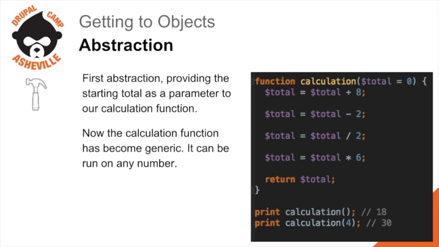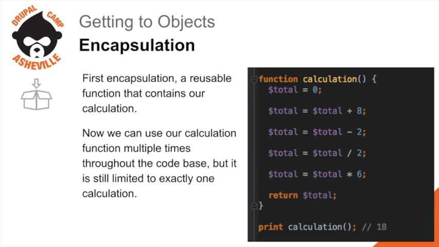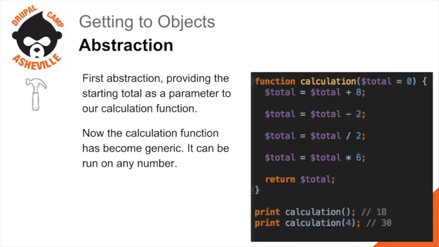So then what I want to do is abstract this a little bit. So before, if you notice, this calculation can only ever produce the number 18. And that's very useful when the result we need is the same all the time. But what would make this function much more usable is if we add an abstraction to it, which is a parameter where we can change the starting number that the business problem begins working on.